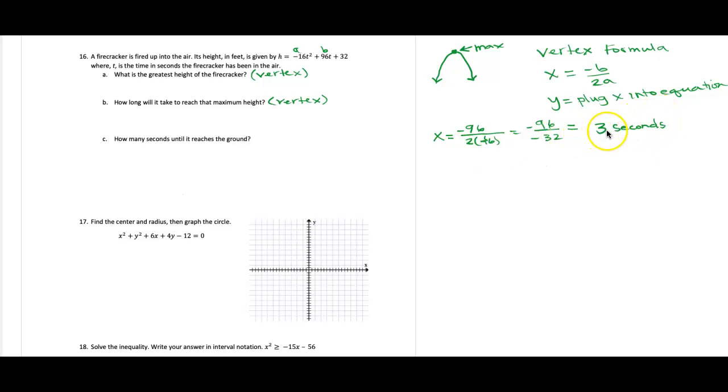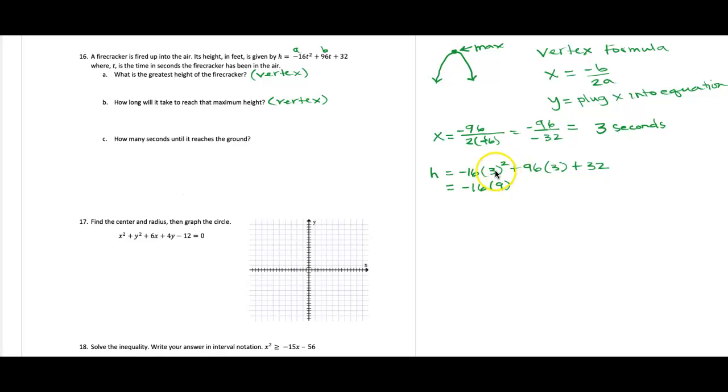Okay, and then now we'll take 3 and plug it back into our equation to figure out what h is. So h equals negative 16 times 3 squared plus 96 times 3 plus 32. So here I have to do negative 16 times 9.